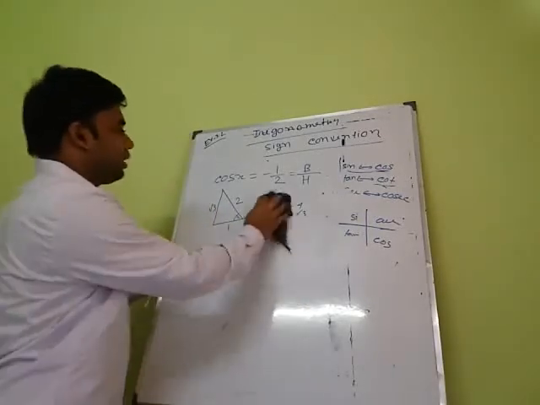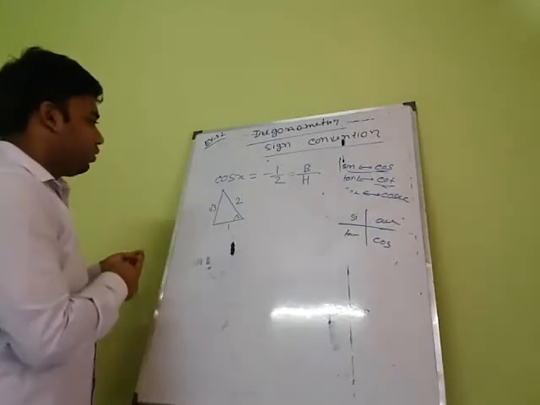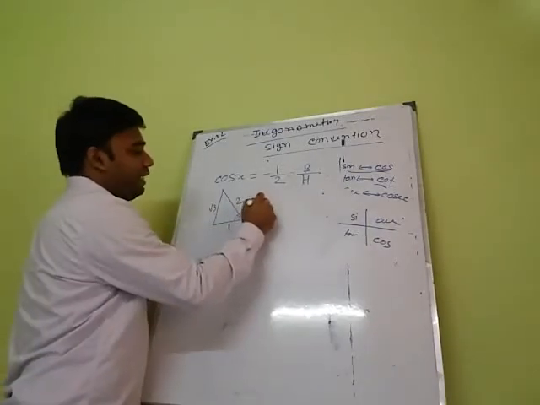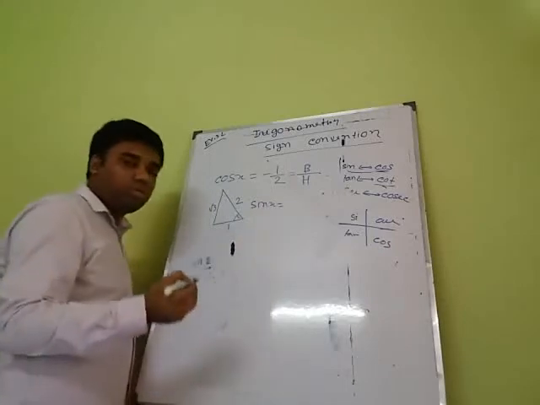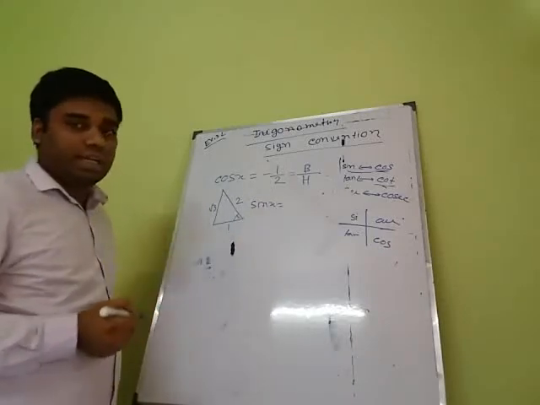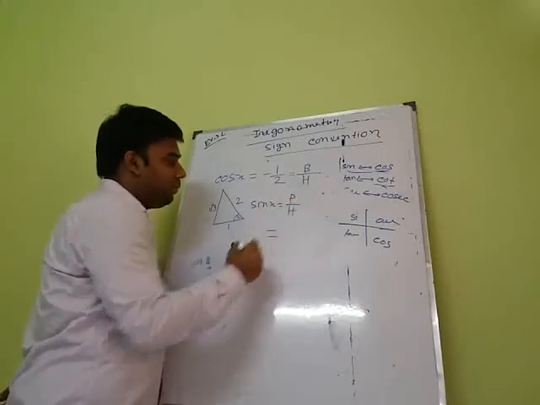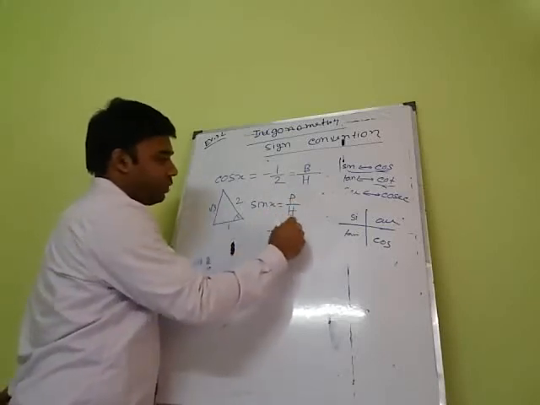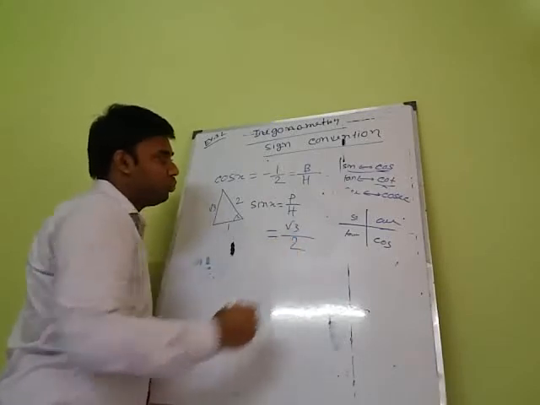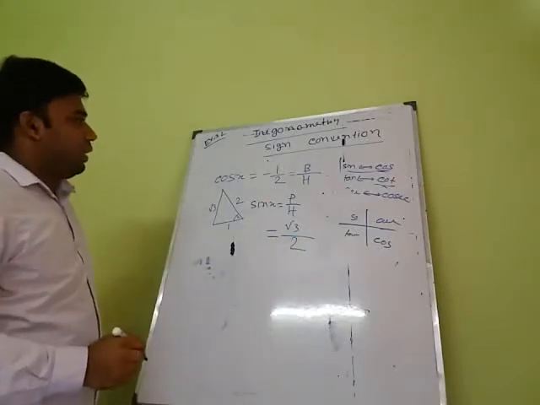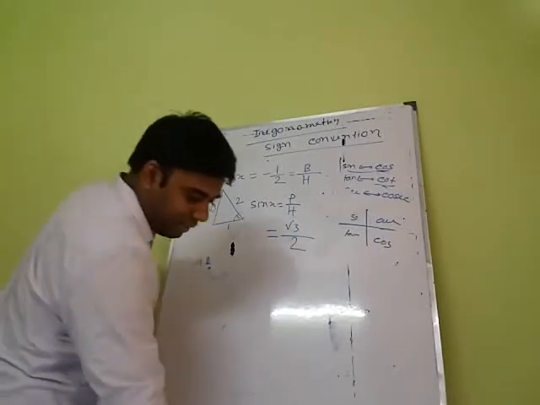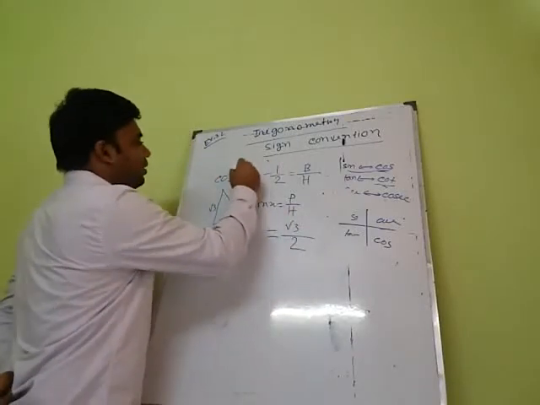Now coming to the values of the other ratios. What will be the value of sin x? The sin x formula, which we have studied in class 10, is P by capital H. P means root 3, capital H is 2. Now, it is given that x lies in the third quadrant.